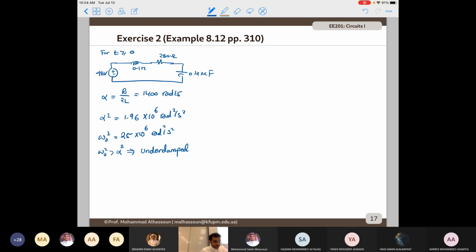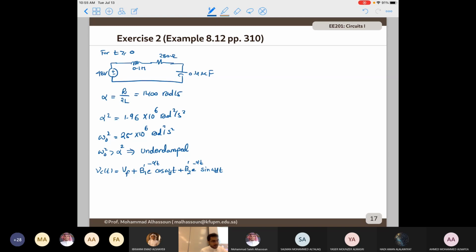If we have an underdamped response, we know that the solution is going to be the final value, since we have a step response, the final value plus B1 prime cosine omega D t plus B2 prime sine omega D t. So what's missing here? We don't know the final value, we don't know B1 prime, B2 prime, and we don't know omega D.